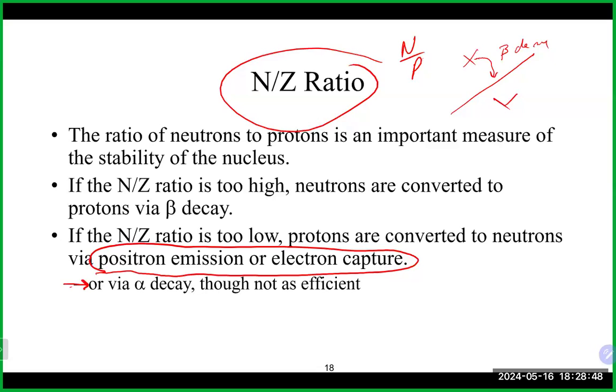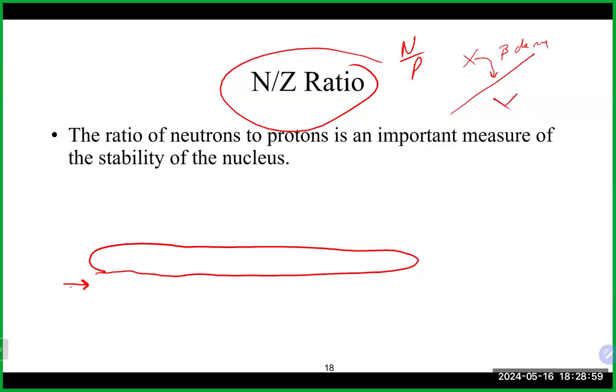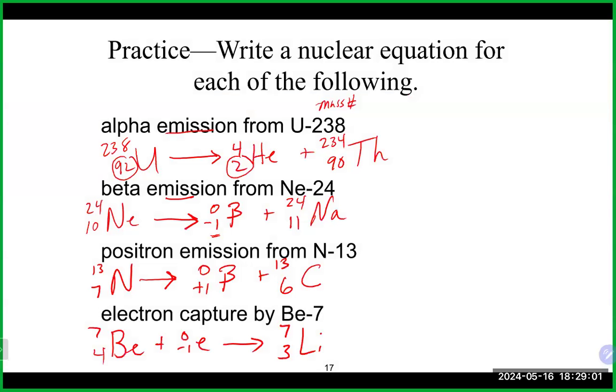Now, you might be asking, if I'm doing 2 different things, perhaps a positron emission and an electron capture, will I get the same thing? And the answer is actually, yeah, you will get the same thing. If we look at our guy that we just did, which was an electron capture, and did a positron emission instead, we would end up with pretty much the exact same product.